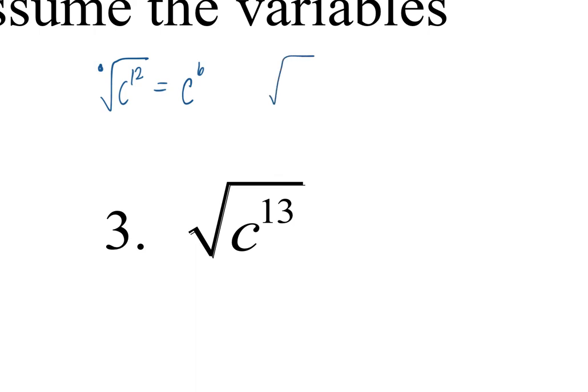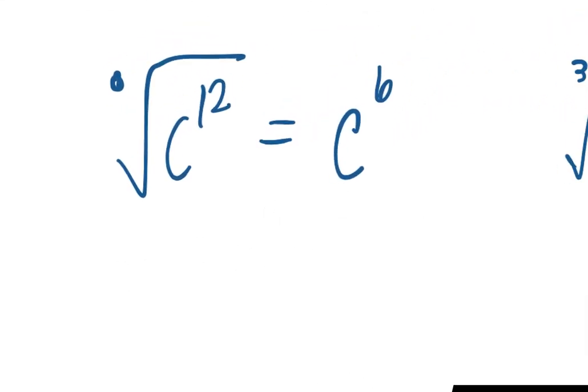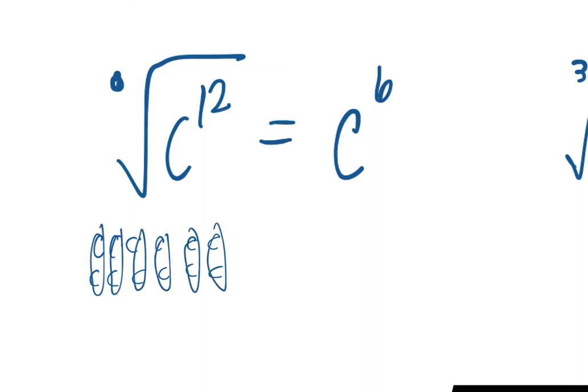Or if I had the cube root of c to the 12th, I would say, how many times does 3 go into 12? And it goes into there 4 times evenly. The reason for these answers is that c to the 12th is really c written out 12 times, and if you write it out 12 times and multiply it by itself 12 times, there are 6 groups of 2.